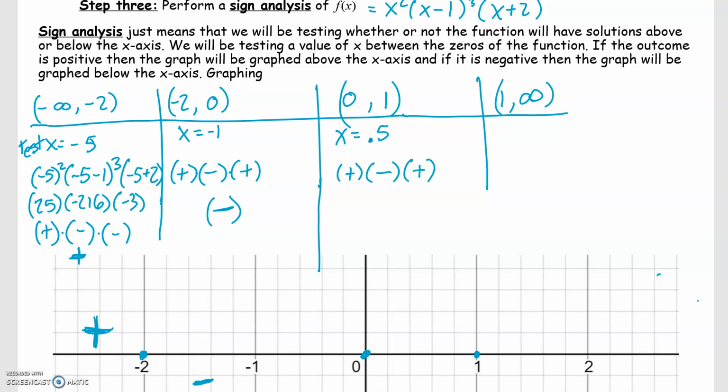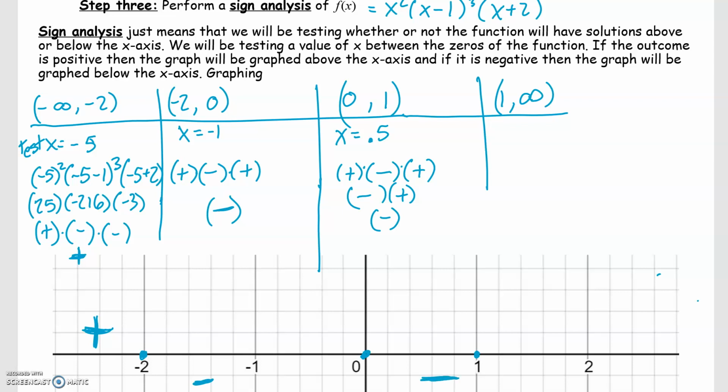So if we were simplifying this further, and this is why we're only focusing on the sign itself, it's a sign analysis rather than calculating every single one. Positive times a negative becomes negative, times positive, it just becomes negative overall. So we're still going to be down here on the graph.